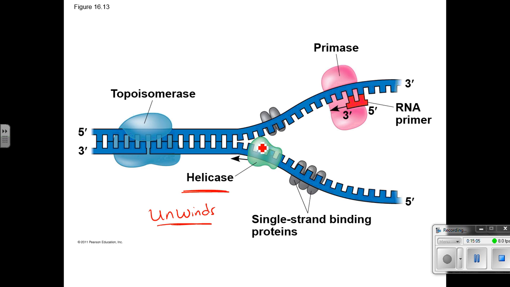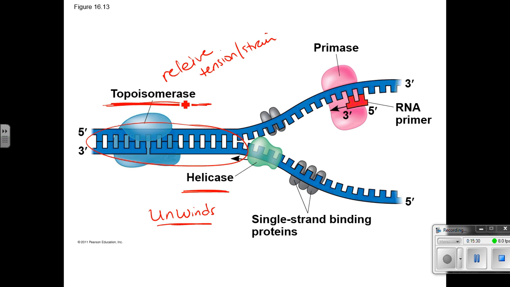As that is happening, topoisomerase is going to relieve the tension. If you think about unwinding a piece of yarn, or a friendship bracelet that's braided and you're unwinding it, it's going to create tension behind where it's unwinding. And so topoisomerase is going to relieve that tension.